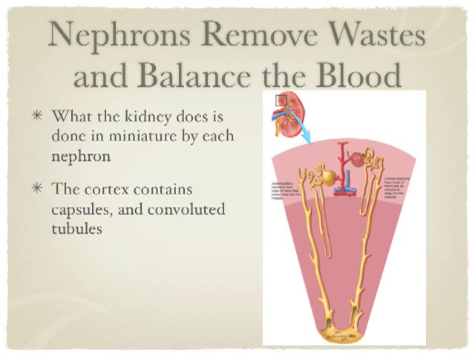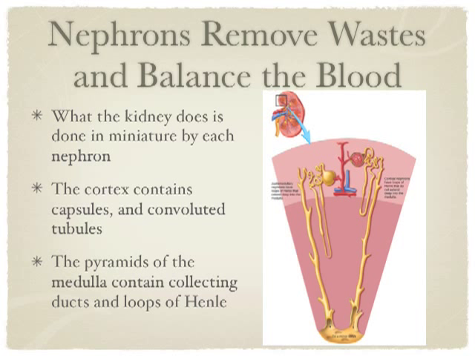This is where the major blood flow is. Down in the medulla, this portion right here is the pyramid. And notice the loop of Henle and the collecting ducts all flow down through.